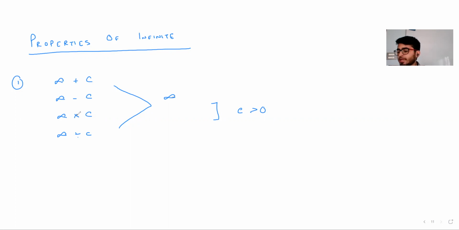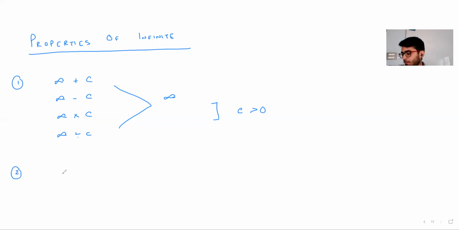If you multiply any positive number, however small it might be, to infinite, the resulting answer will always be infinite. If you divide infinite by any number, however large, as long as it is a finite number, infinite divided by a positive finite number is always going to be infinite.